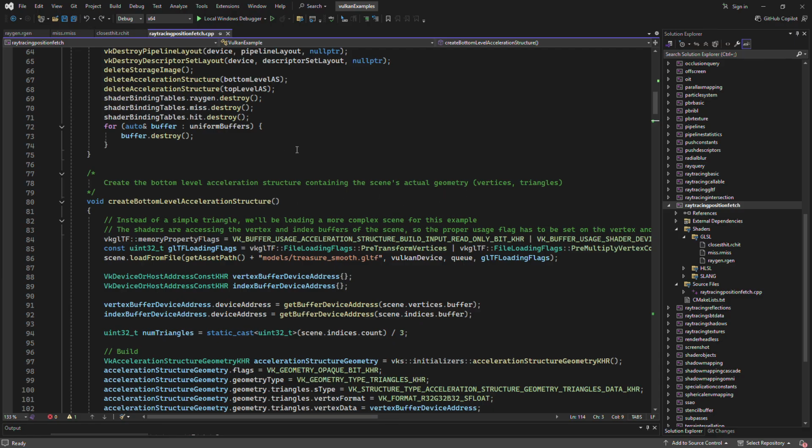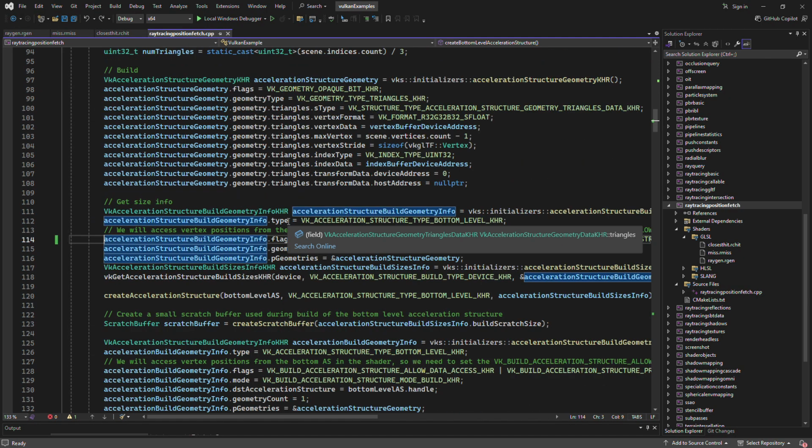So guys, we know that the bottom level acceleration structure is all about declaring the vertices, the mesh, the triangles, all the stuff that we're creating in our scene. The top level acceleration structure handles one or multiple instances of these objects, but we actually have to declare the objects, vertices, and mesh in the bottom level acceleration structure.